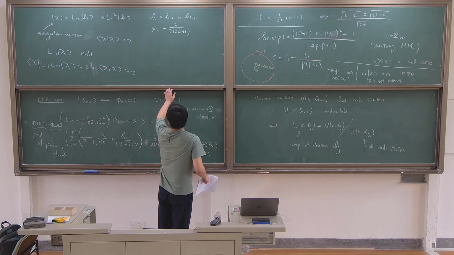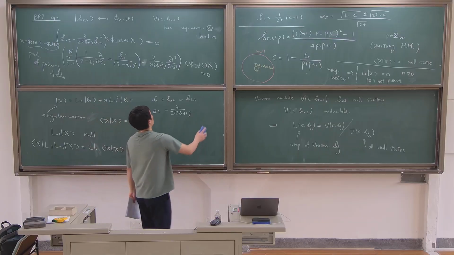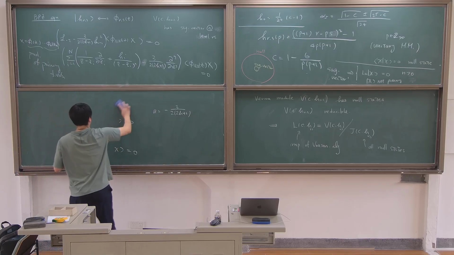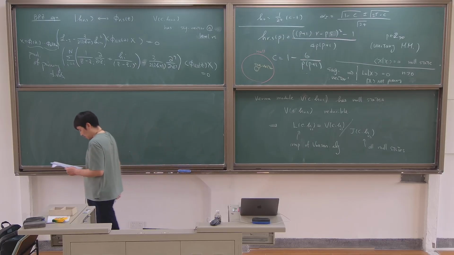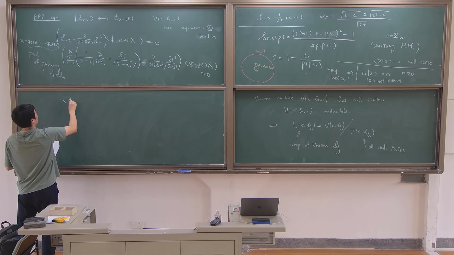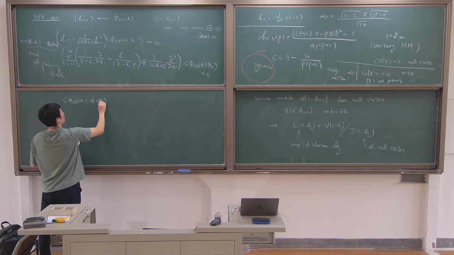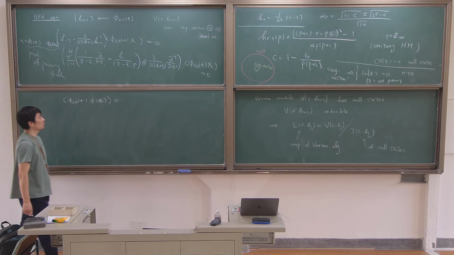And then we already knew the two-point function. So we know the form of the two-point function.